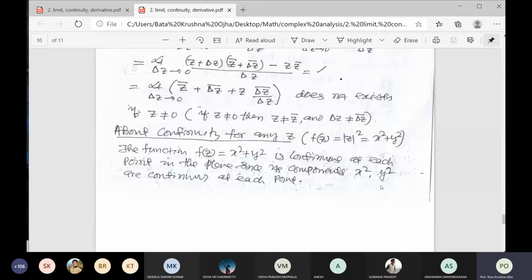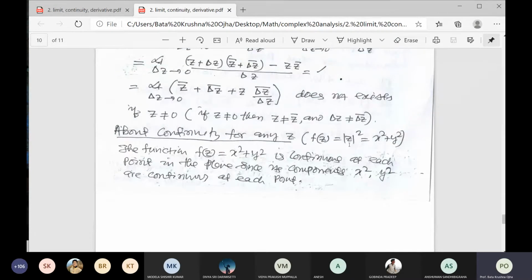So mod z square is continuous at the origin as well as at all the points. But mod z square is not differentiable at any other point, only at the origin.